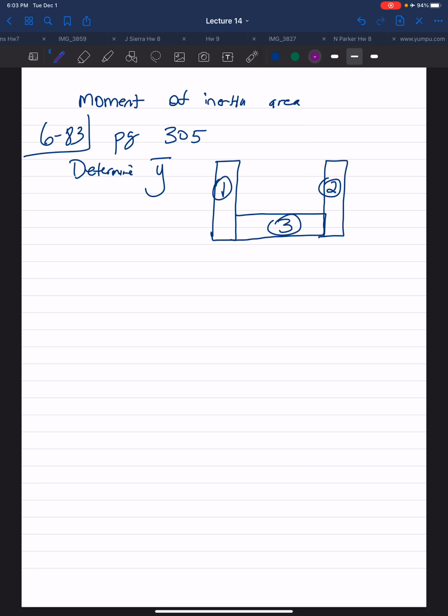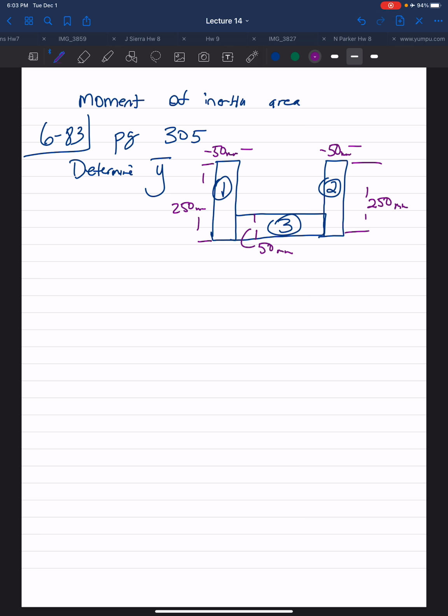With the dimensions given, I believe this height is 250 millimeters. This width here is 50 millimeters. Likewise, 50 millimeters on this side. This height here as well is 250 millimeters. And its thickness here is 50 millimeters.